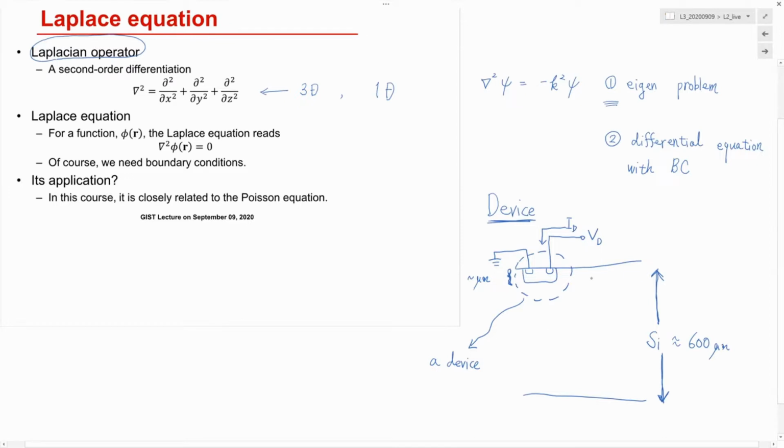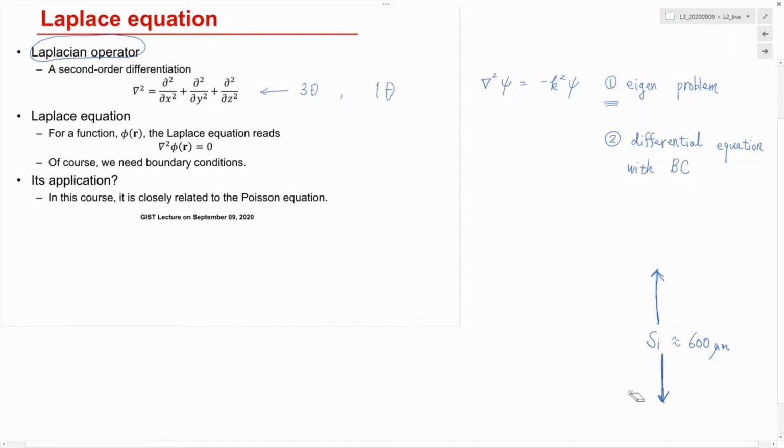Then we call this kind of operation a device operation, and this structure is called a device. Let's come back. A device is actually quite small, in micrometer scale or even smaller, like nanometer scale.